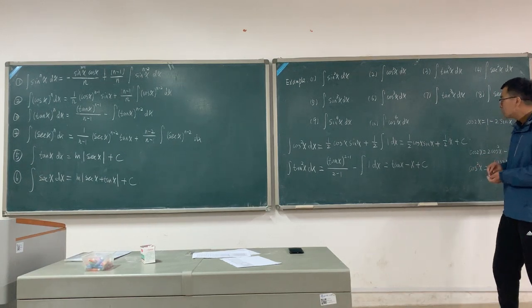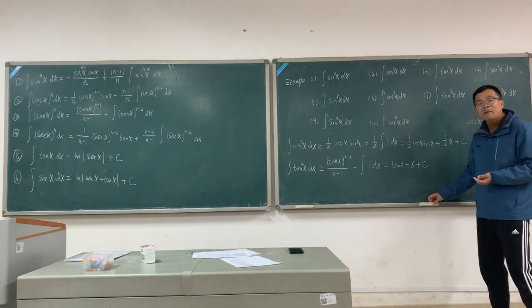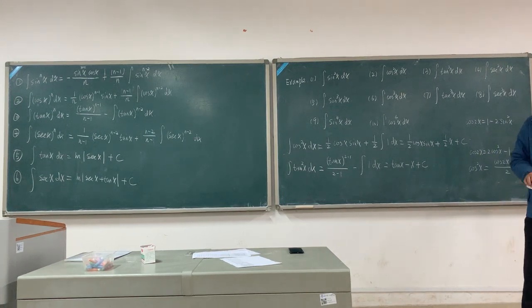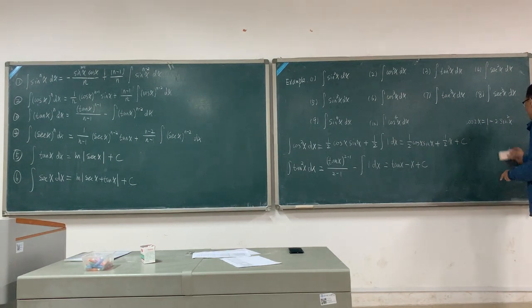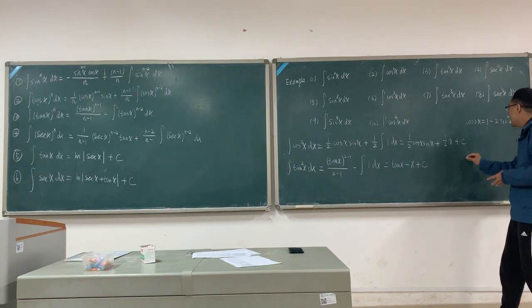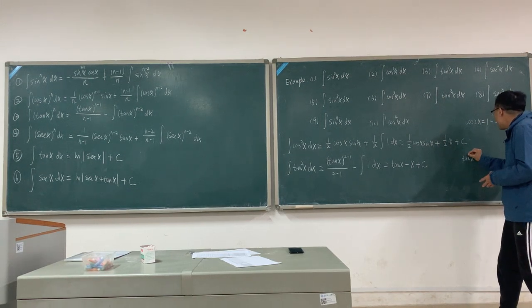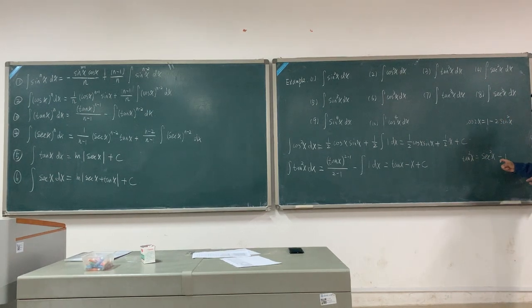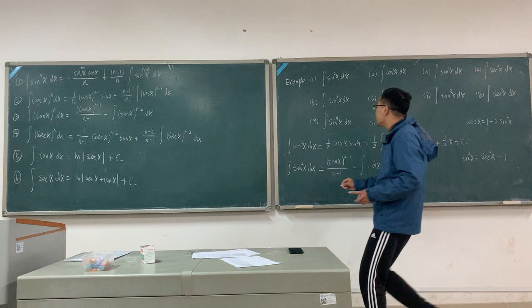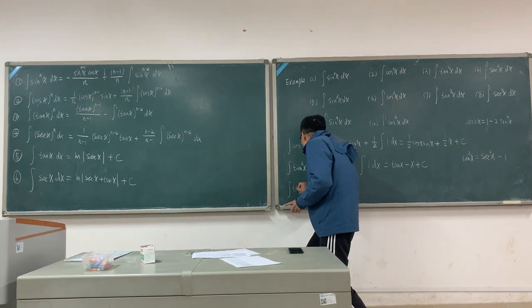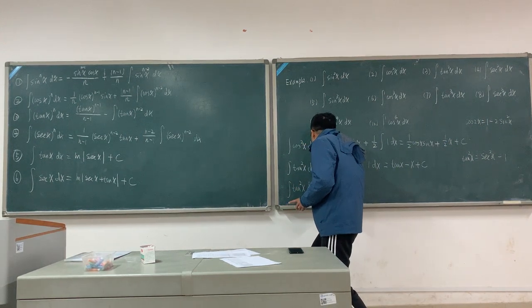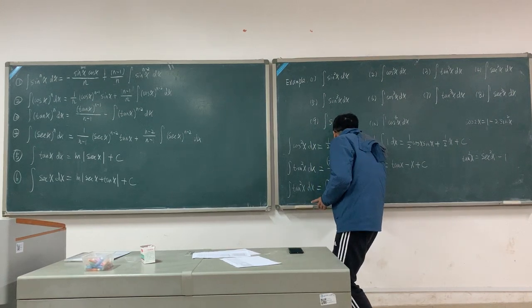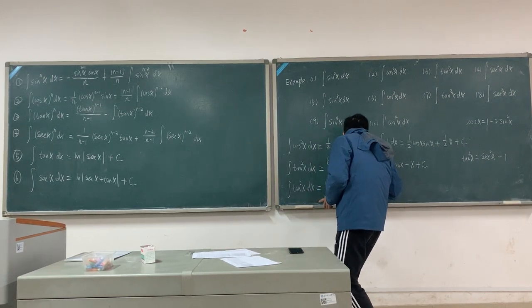So this is the first method, okay? The second method is tangent square equal to what? We know that tangent x square equals secant square minus 1, yeah? So tangent x square dx equals secant x square minus 1 dx.